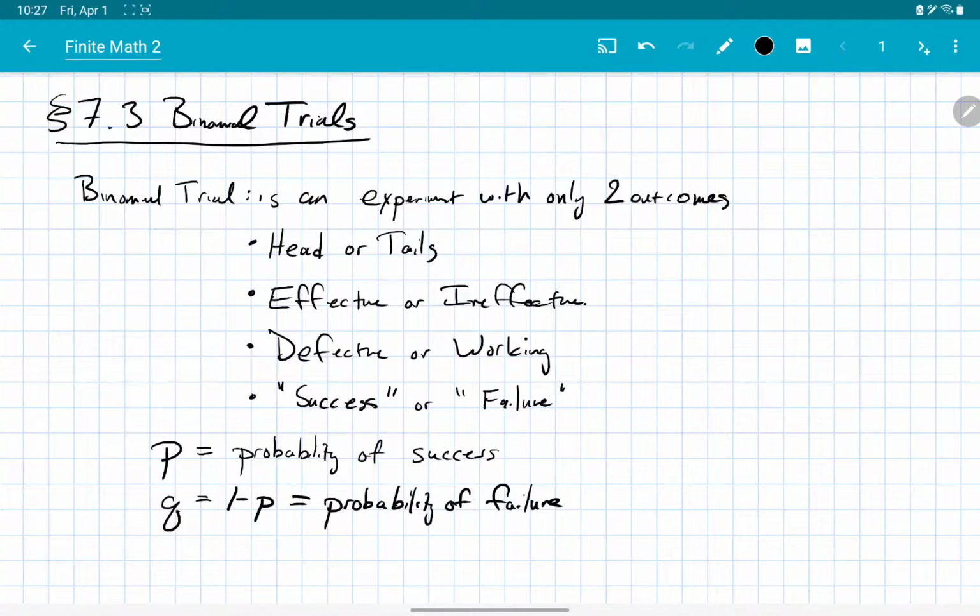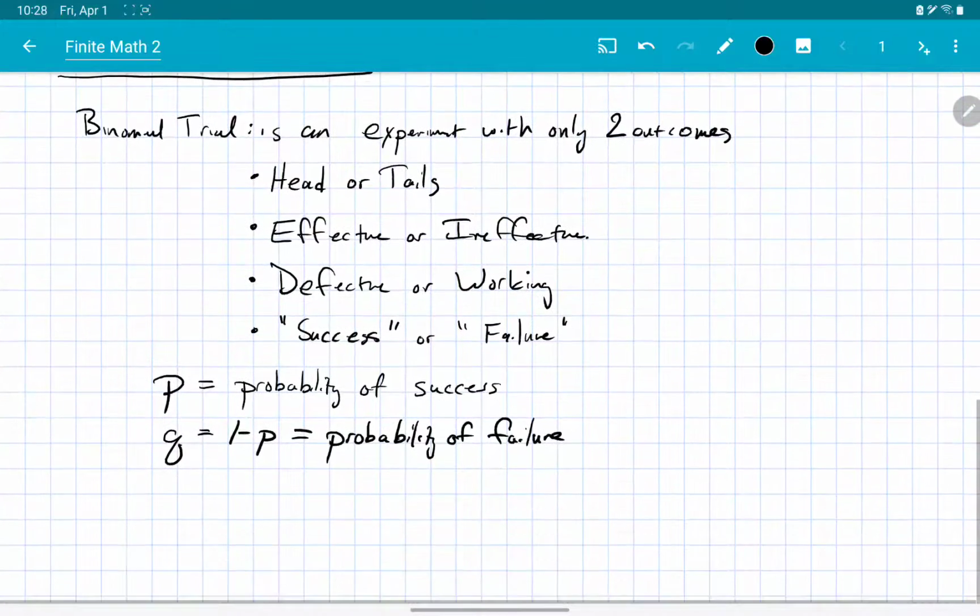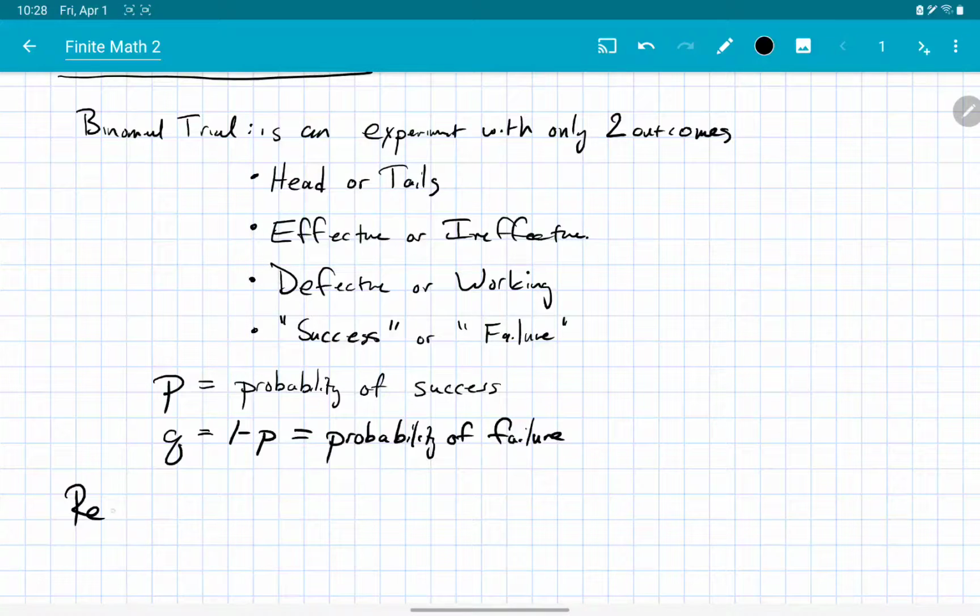Now, just one binomial trial is not very interesting, right? With probability 1/3, something happens. With probability 2/3, that thing doesn't happen. That's not the interesting thing. The interesting thing is you're going to repeat this trial n times, some large number of times.